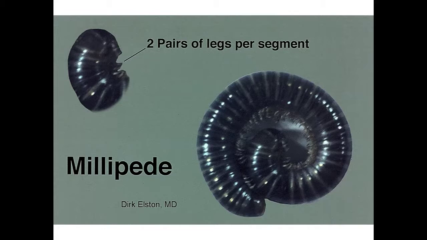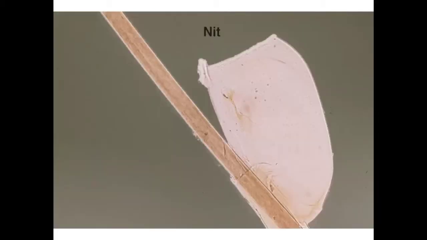This is another child abuse scenario. We play an important role in recognizing patterns of skin disease, what is and is not a sign of abuse. Recognize nits as a sign of infection.